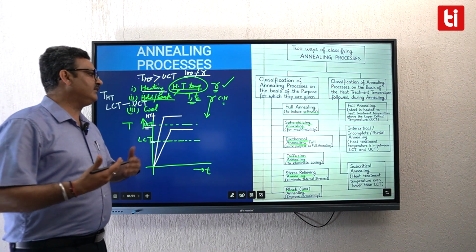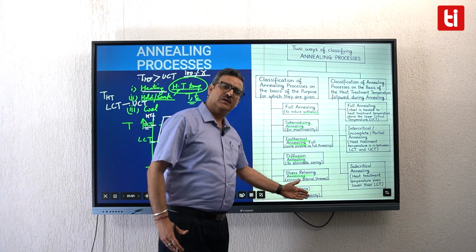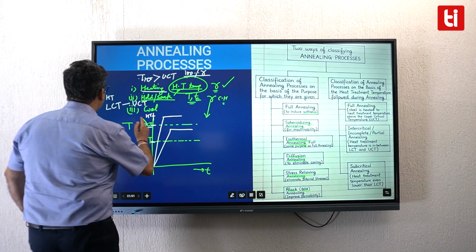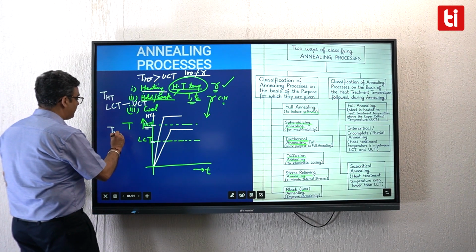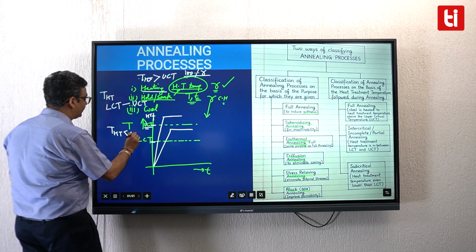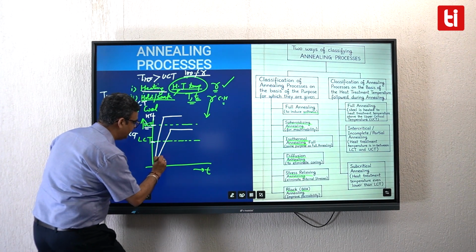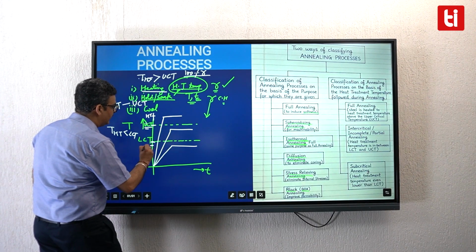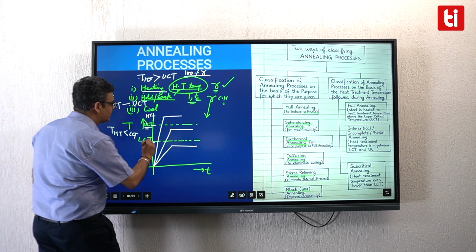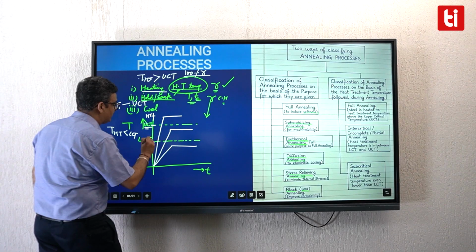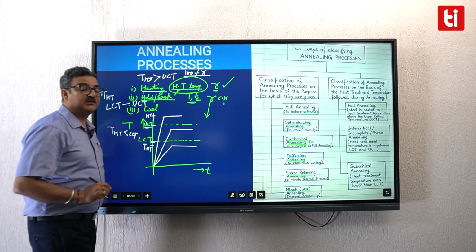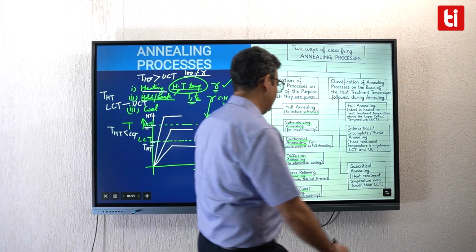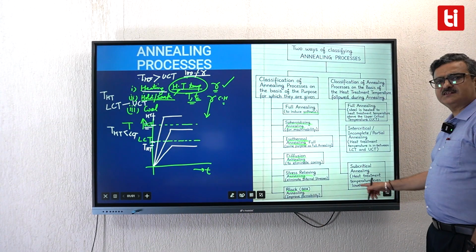And then if you are giving annealing treatment to a steel component, and the heat treatment temperature that you choose is even lower than the lower critical temperature of the steel, not even up to the lower critical temperature, but lower than it, you are giving subcritical annealing to your steel, and this is the third category.